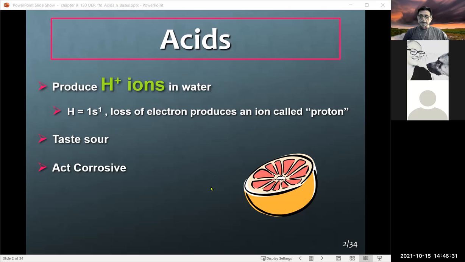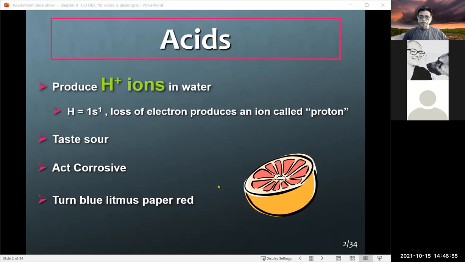And there is a real simple test for them. We have what's called blue litmus paper, and it's a pH test. If you dip blue litmus paper into a solution, it turns red. That just tells you it's an acid. It doesn't tell you how strong it is.